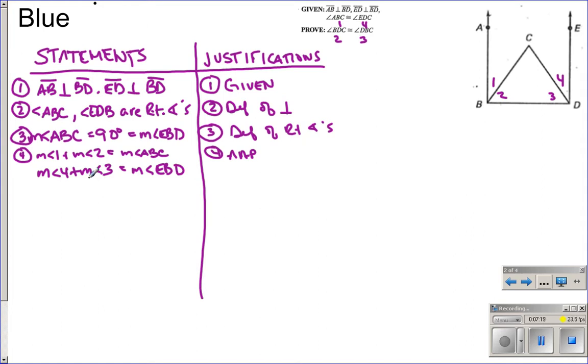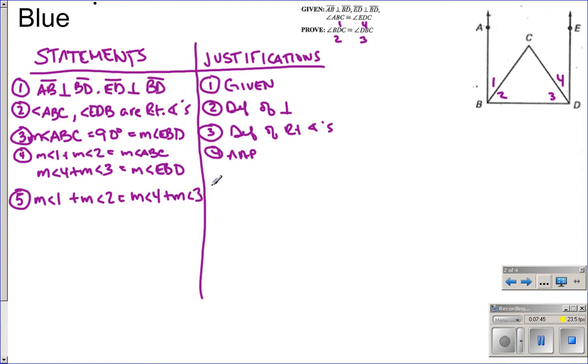Angle 1 plus angle 2 is equal to ABC. ABC is equal to 90. 90 is the same as EBD. EBD is the same as angle 4 plus angle 3. So using transitivity, the measurement of angle 1 plus the measurement of angle 2 is equal to the measurement of angle 4 plus the measurement of angle 3. This is really, really good news.